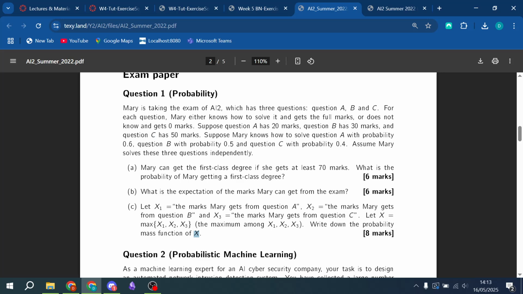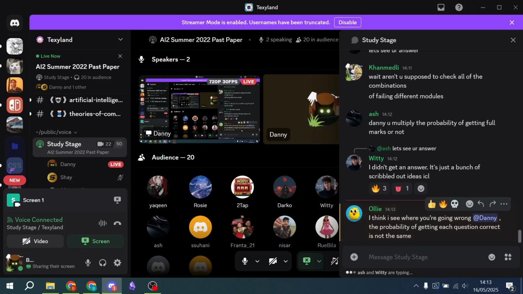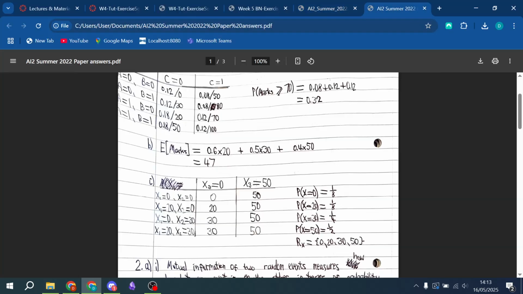It's going to be 50 because... Oh wait, I think I see where I went wrong now. Because the probability of each question is not the same. I was assuming that... I see, with this probability table, each of these cells is not equally likely. Of course.